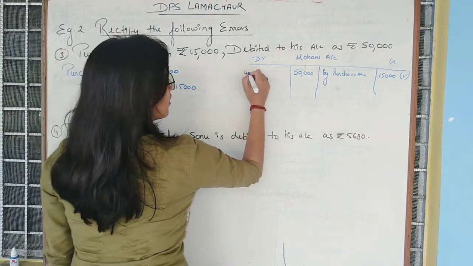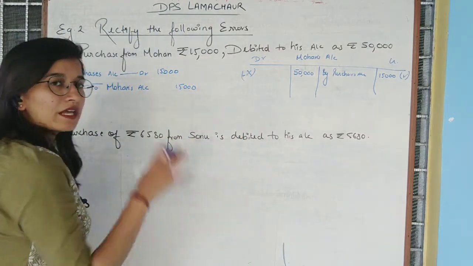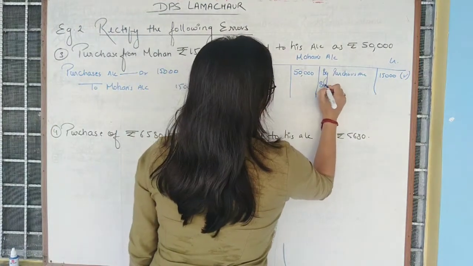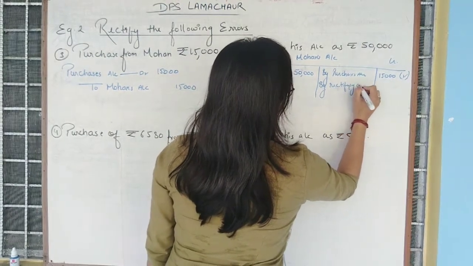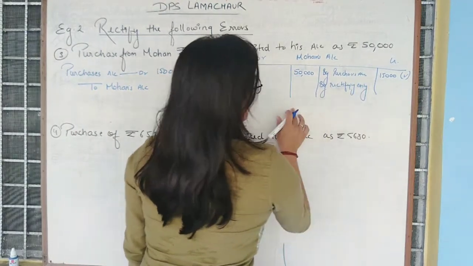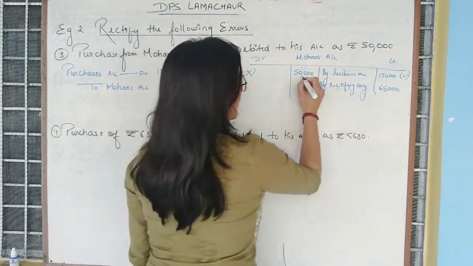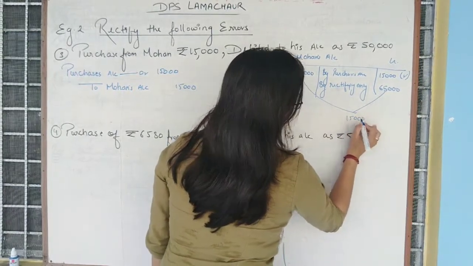This is a wrong posting. Now, to rectify this error, we will credit the amount by rectifying entry. Amount will be 65,000. Why? Because the net effect of both is rupees 15,000.